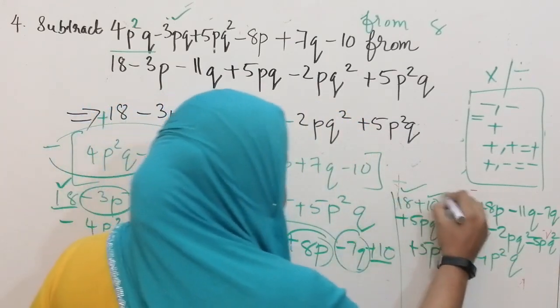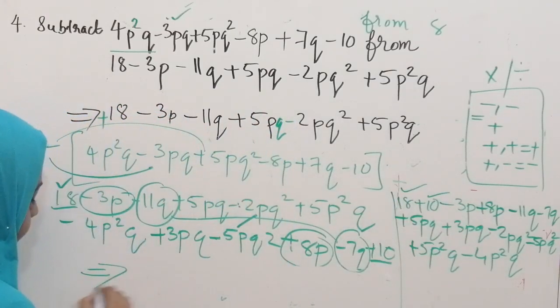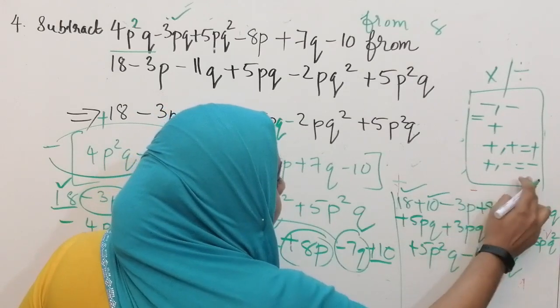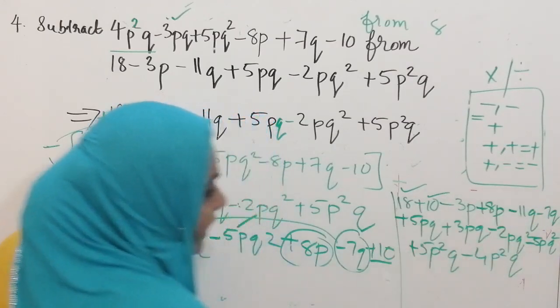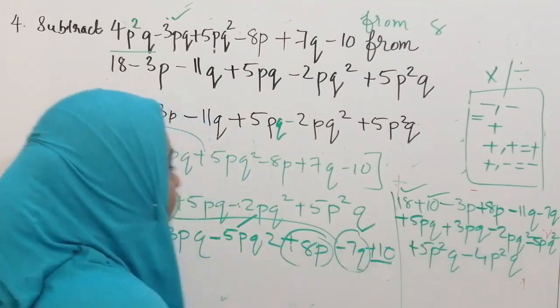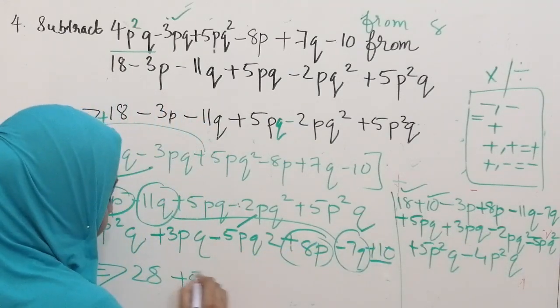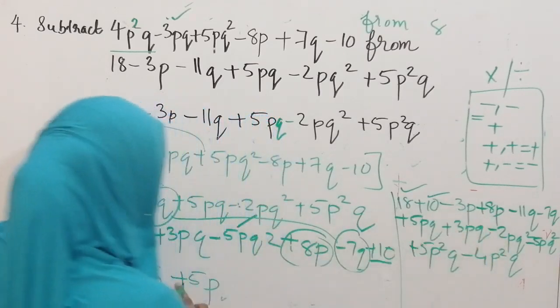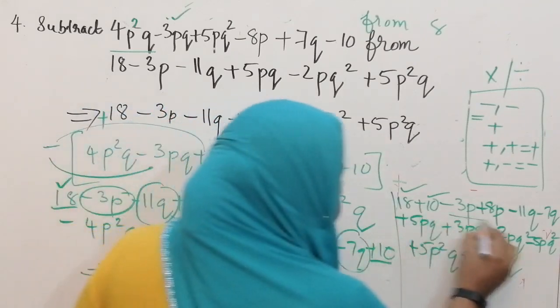So you know that 18 plus 10 is 28. Here different sign means subtract and give the greater number's sign. So that means 8 minus 3, 5p. Which one is greater here? 8. What is the sign here? Plus. So we finish this one.